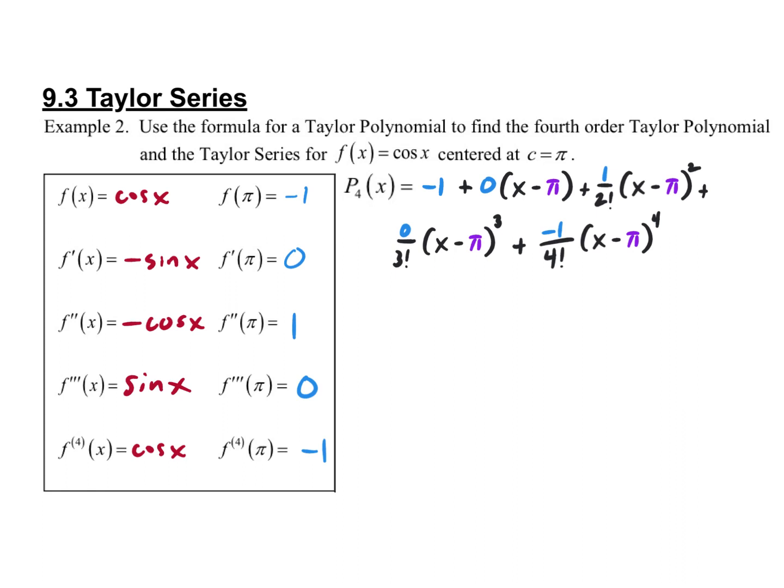One of the things that is challenging about writing Taylor polynomials or Maclaurins is keeping everything in your head straight, making sure you're following the pattern correctly. And the question of, do I have to write the zeros? I would.